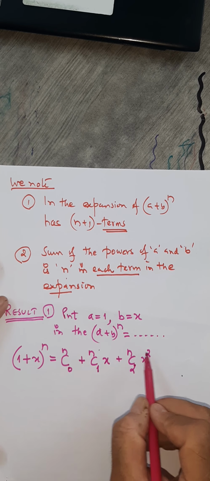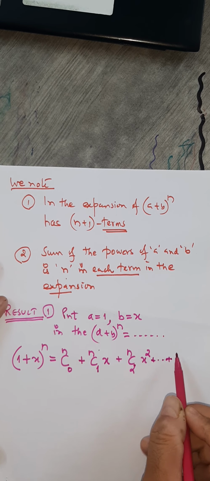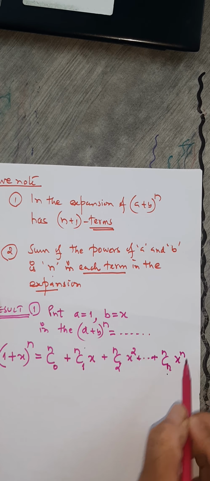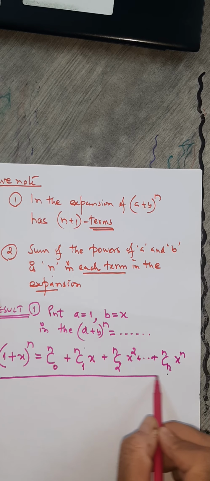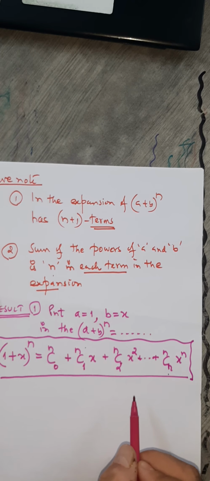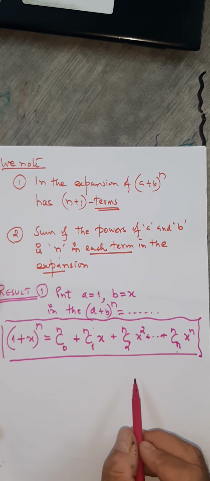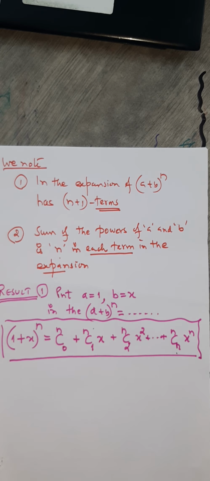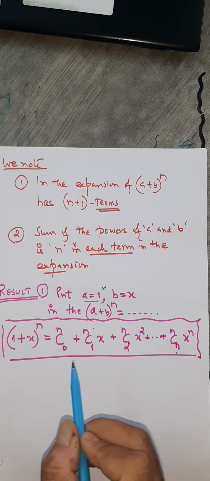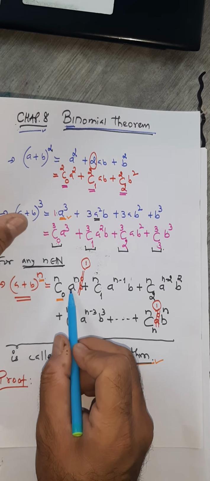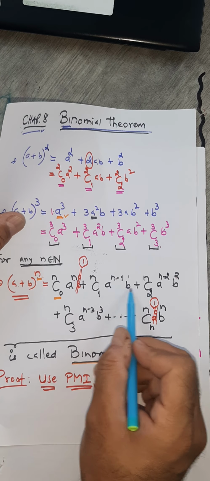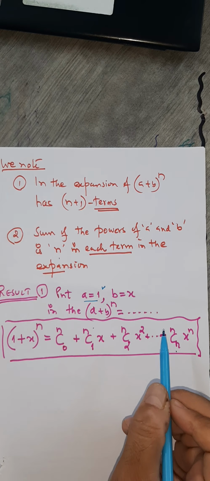Have a look into that, and so on. Finally ncn into x raised to n. This you can use directly, remember. For any positive integer, this just follows from the binomial theorem. Just put a equals to 1 there. So everywhere when I put 1, this becomes 1, this becomes 1, this becomes 1, and what is b? That is x. So x squared and x raised to n.